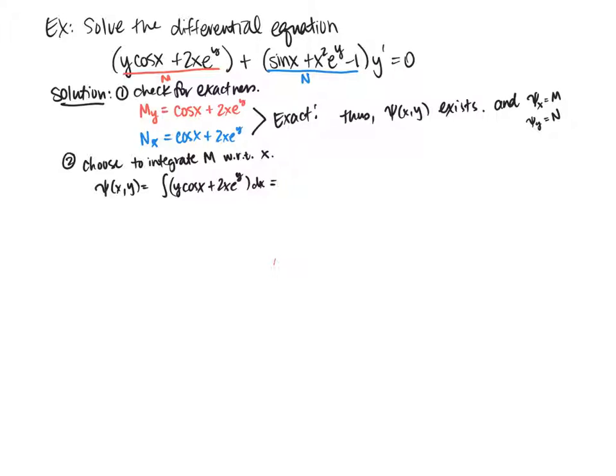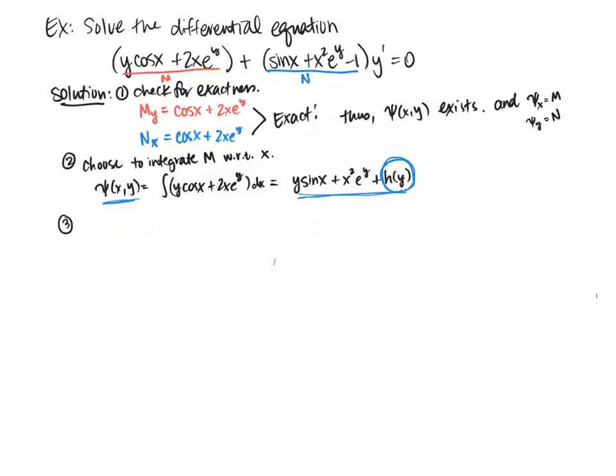I'm going to get y sine x plus x squared e to the y, and then I could have some term here, h of y, that went away when I took the derivative with respect to x. So I could have some other thing with y. So look at this. I almost have my psi, right? I have most of the terms of my psi. The only thing I'm missing is any part of my psi that had y's in it and no x's. So at the next step, I'm going to do something to figure out what that h of y could be.